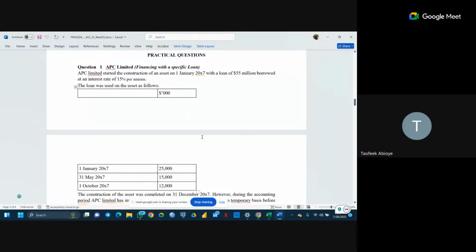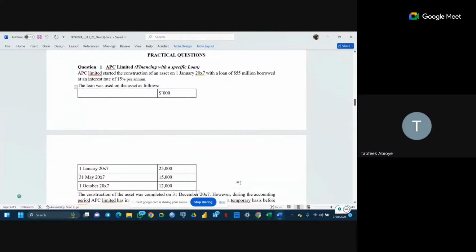Now, on the second question, I will say this again. Only the fund spent on qualifying capital expenditure meets the capitalization threshold. Only 52 million is being spent on this project, and the 52 million was not withdrawn at once. It was withdrawn in piecemeal.